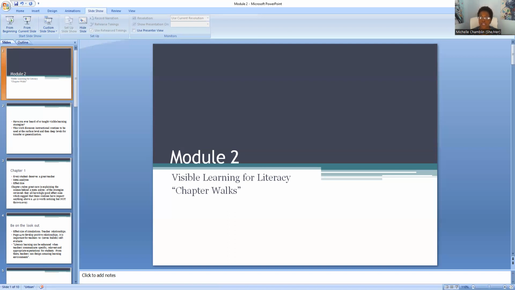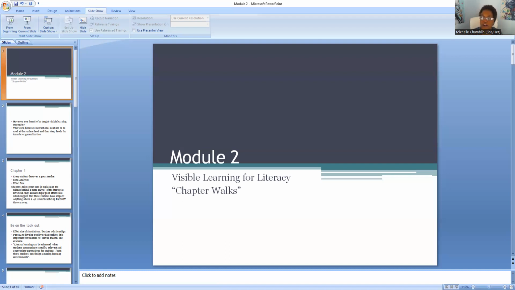Okay, so to begin with, a question: have you ever heard of or taught visible learning strategies? I know that there are a lot of teachers that do understand how these work. This work is visible learning strategies, but with a little twist. This book discusses instructional routines to be used at the surface level, then the deep levels for transfer or generalization.